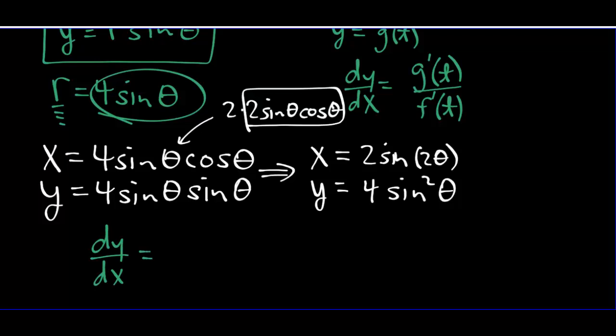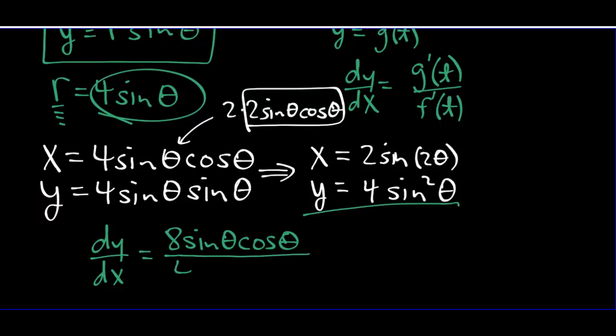Okay, dy/dx, I'm going to take the derivative of this y. So that's going to be 8 sine theta cosine theta, just using the chain rule there. Now on the bottom, I'm going to take the derivative with respect to theta, and I get 4 cosine 2 theta. Now let me simplify this a little bit.